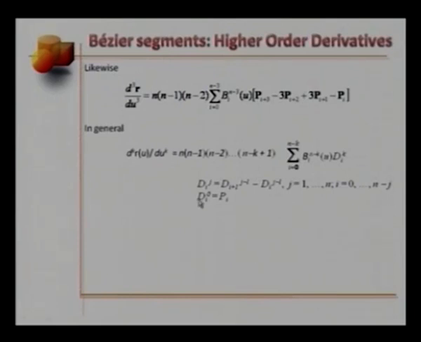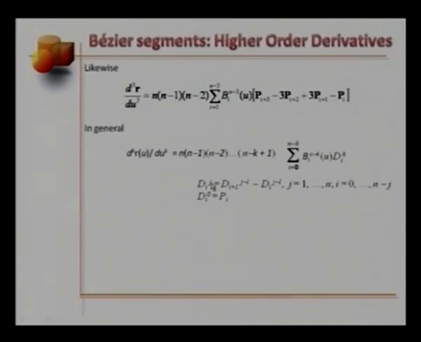If I start with d sub i super 0 as my original control points p sub i, then I can have a recursive relation given by d sub i super j is equal to d sub i plus 1 super j minus 1 minus d sub i super j minus 1. j would represent the derivative.